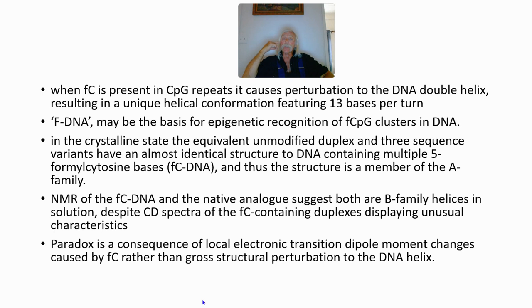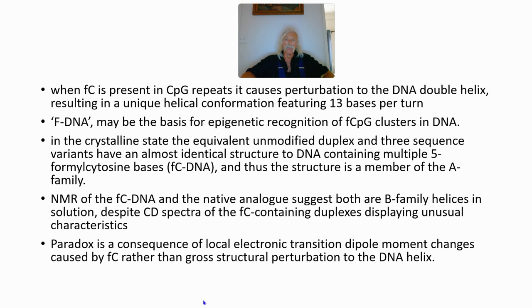Now, when you look at the crystalline state, you make a crystal out of these reaction products. Using X-ray crystallography, then, followed up with that, you get the equivalent unmodified duplex and 3 sequence variants. Now, they seem to have almost identical structure to DNA containing multiple 5-formyl cytosine bases.